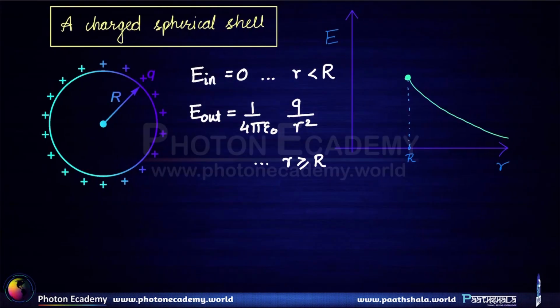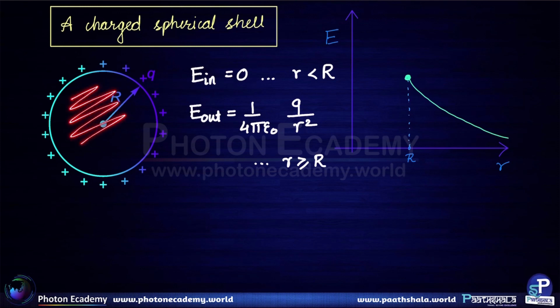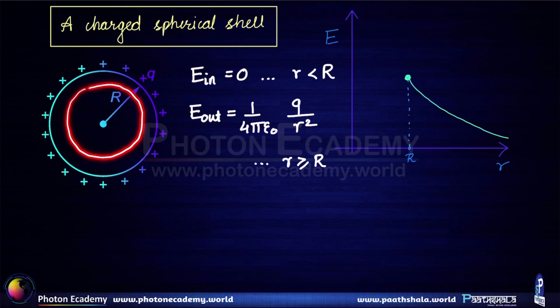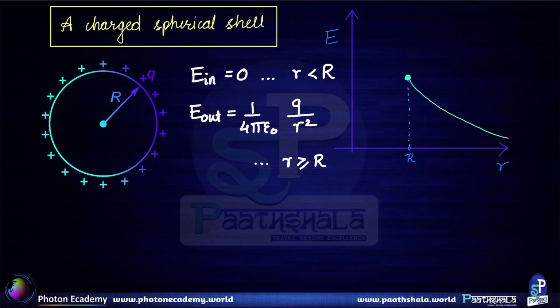Let's look at a charged spherical shell. Inside, the shell is hollow. Because of Gauss law, we can draw a Gaussian surface which has net zero charge enclosed, which we will study soon.